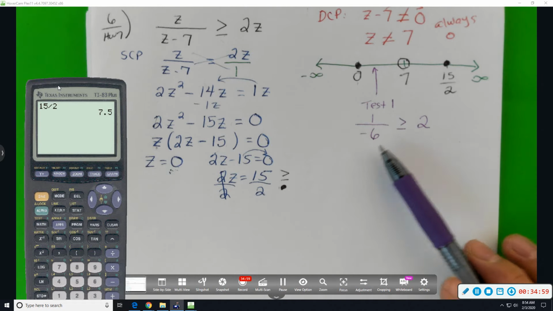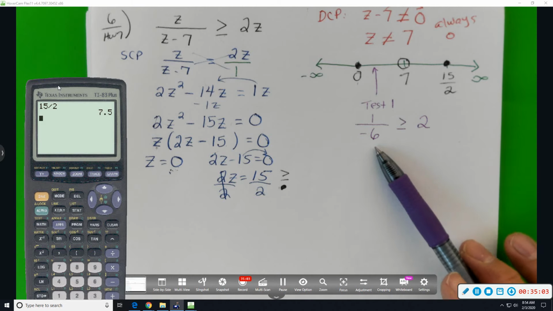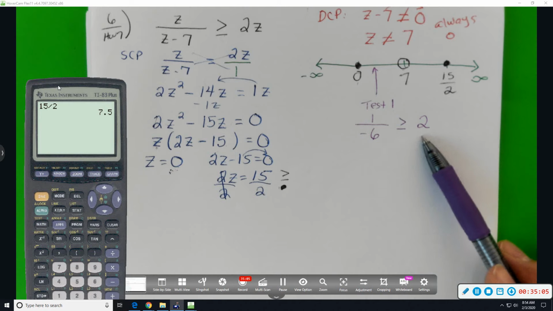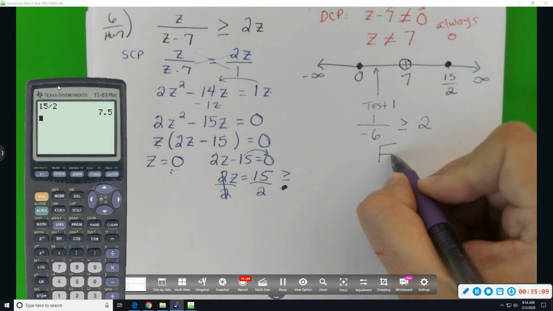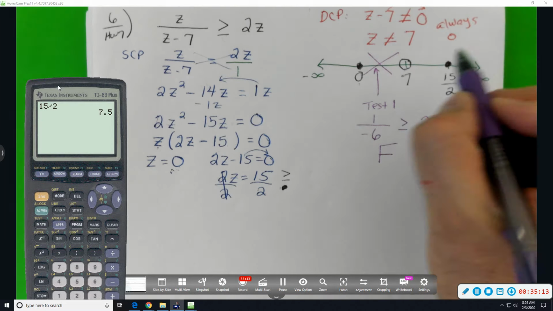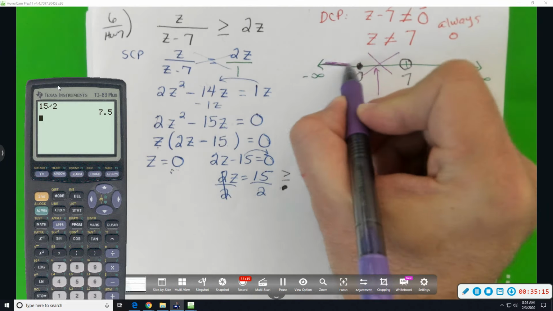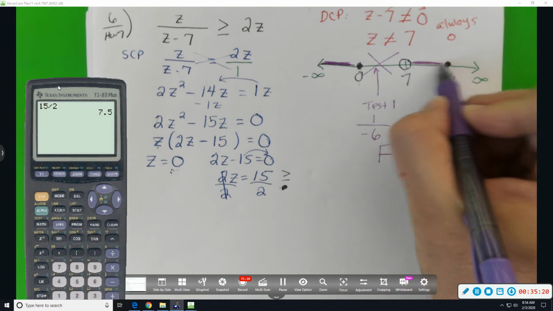That's a false statement. This is a negative 1/6 here. Okay? A negative number can never be bigger than a positive. Y'all agree with false here, which means cross that one out. Ooh, we have a lot of these. You shade this one. You shade here.